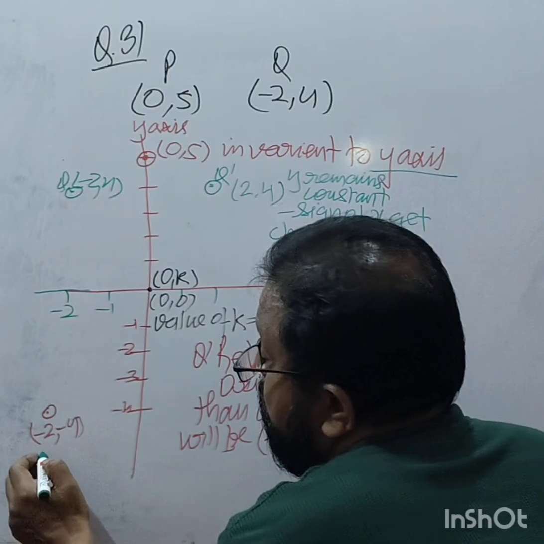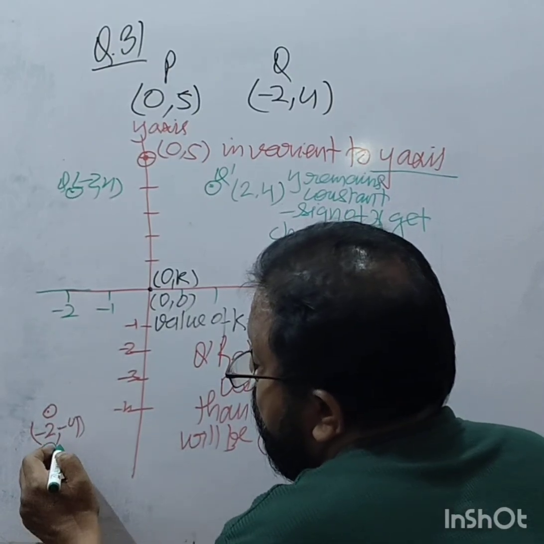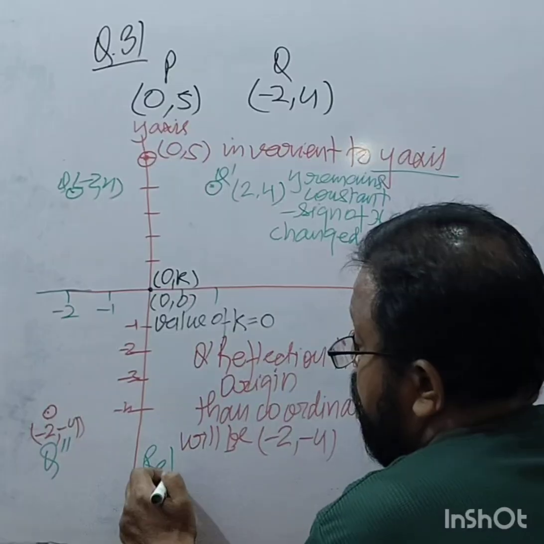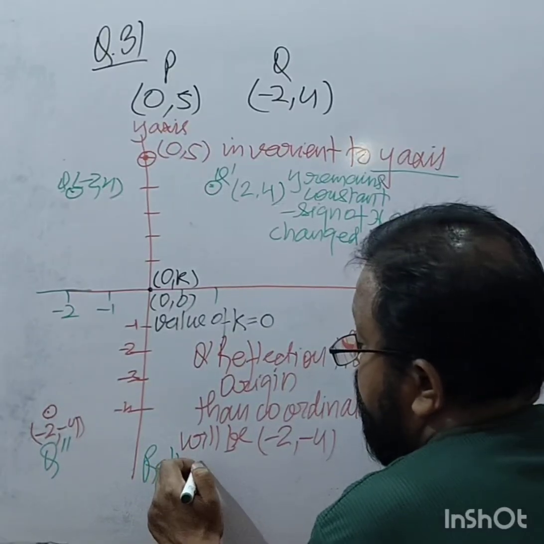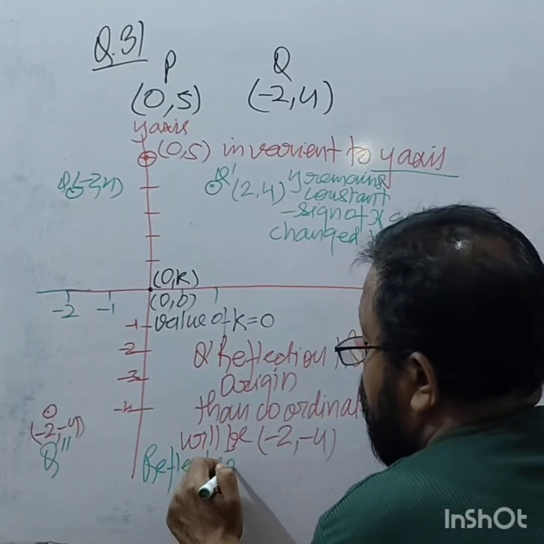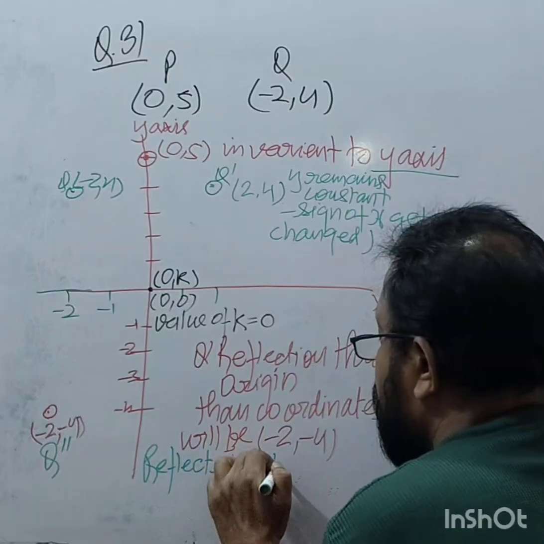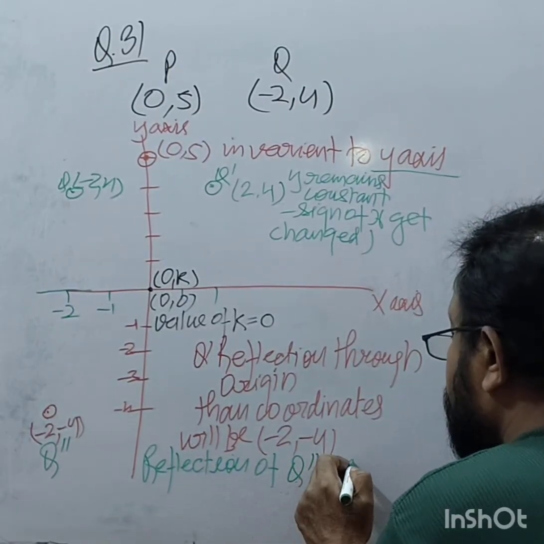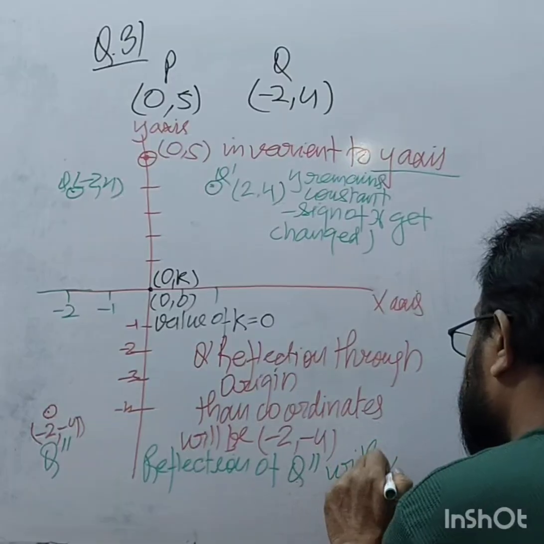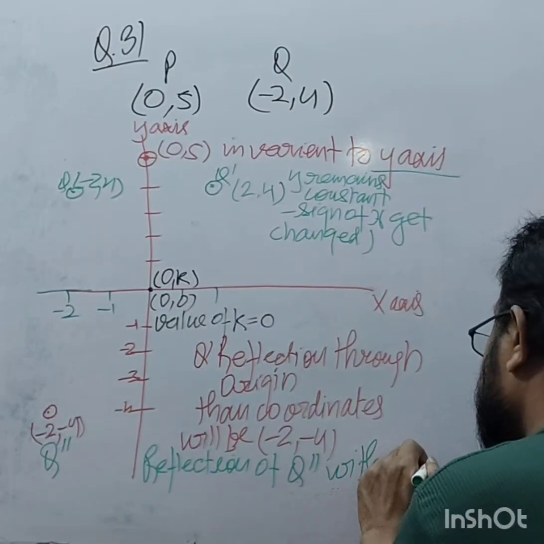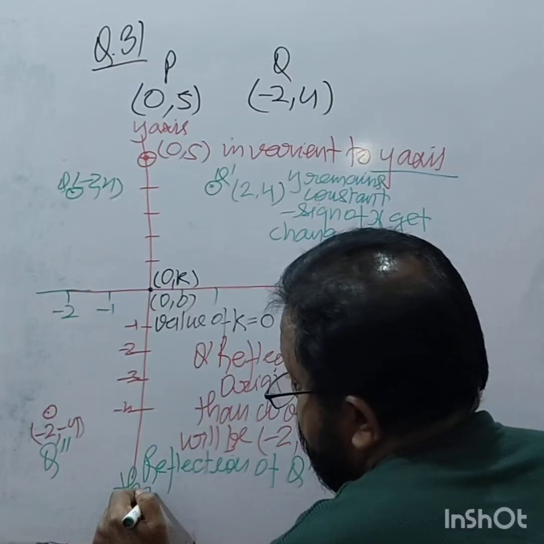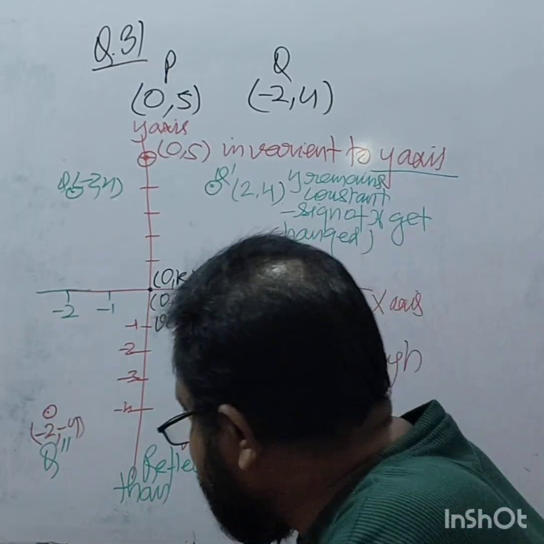This is Q double dash, the reflection of Q double dash with the x-axis. Then what happens?